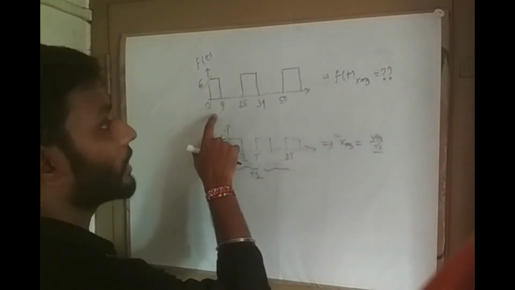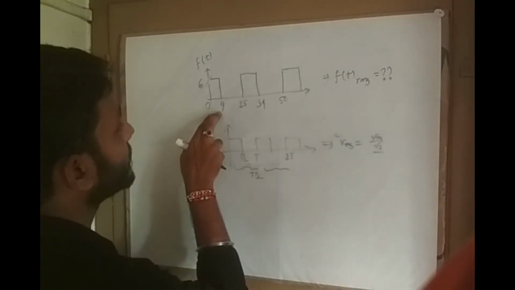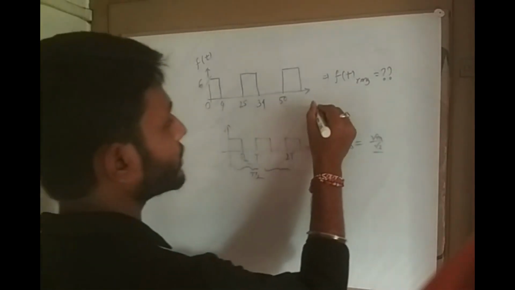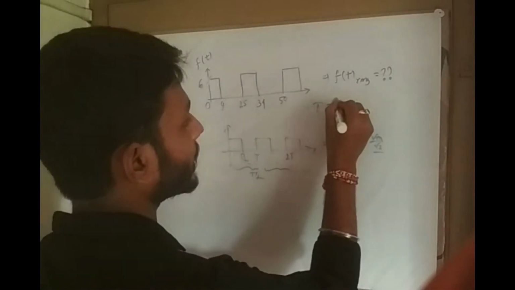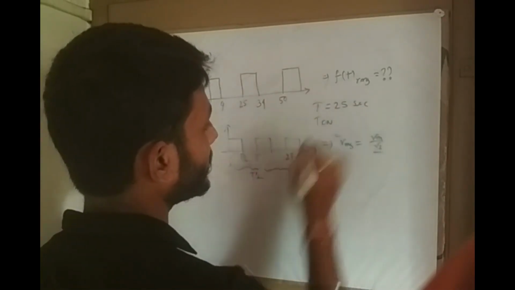But for this one, the on time is 9 seconds, but the total time period here is 25. That is, total T equal to 25 seconds.